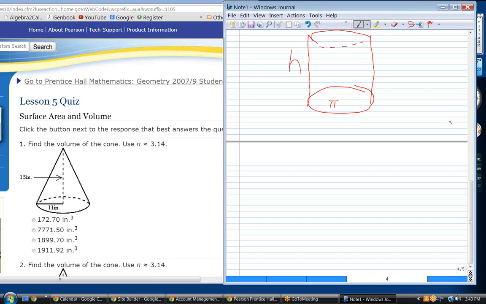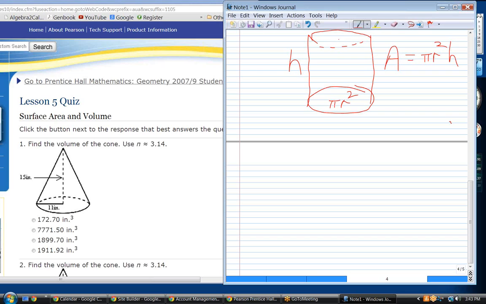Okay. So pi r squared times height. Sticking with the same principle we've been working with, that if the solid is uniform all the way up, then you just take the area of the base times the height. And it doesn't matter if the base is a circle, a triangle, a rectangle, a parallelogram, doesn't matter. Just the area of that base times the height.